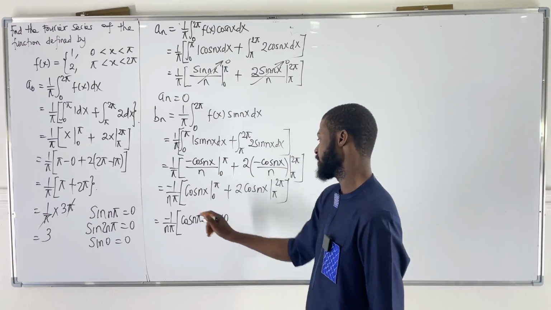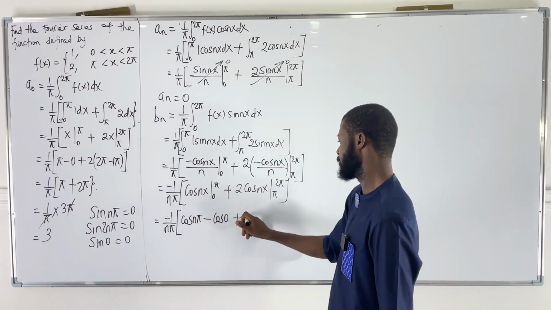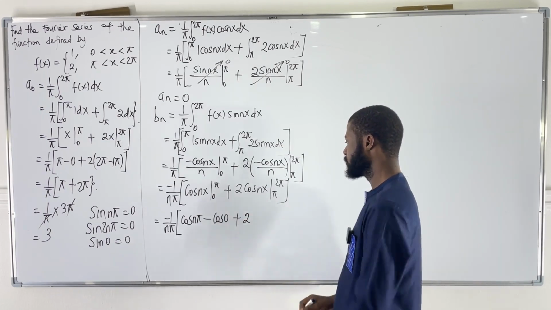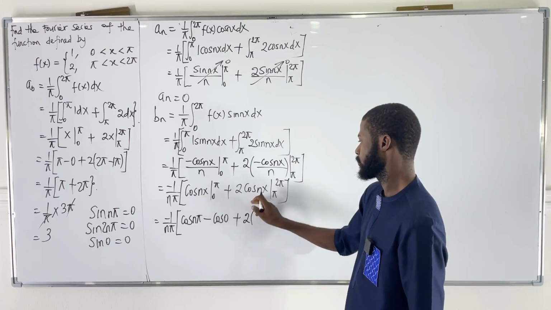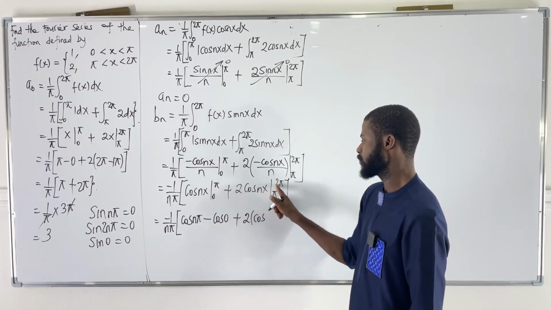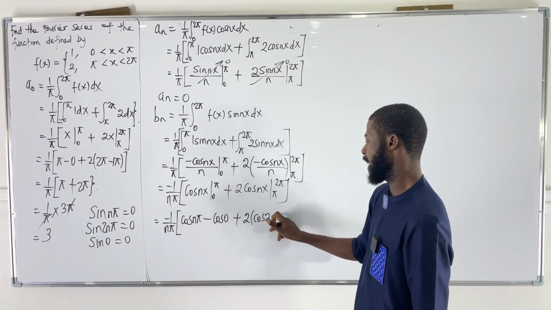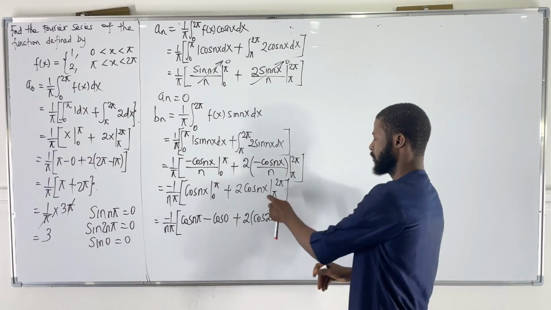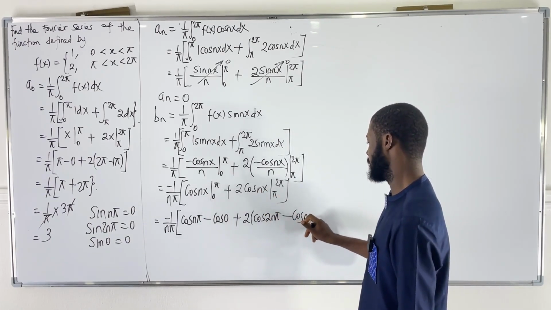So this is for this part. Plus 2, you can put a bracket if you wish, then cos. Now if your x is 2 pi, n times 2 pi is 2n pi, minus cosine n times pi is n pi.